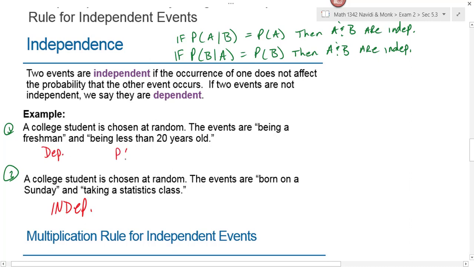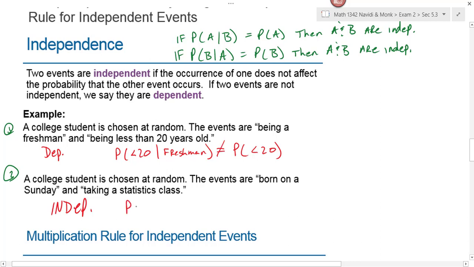So here, if I asked you what is the probability that you're less than 20, given that you're a freshman, that probability is going to be very different from the probability that you randomly select a person that's under 20. This probability is going to be much higher. They're not the same.